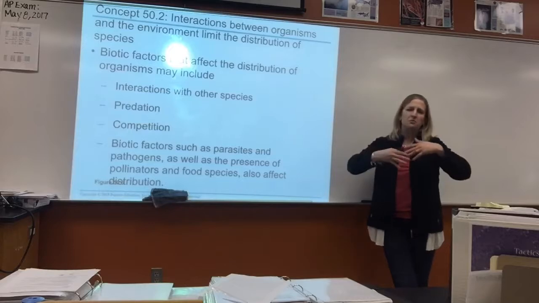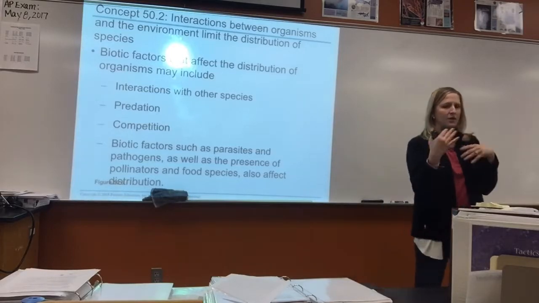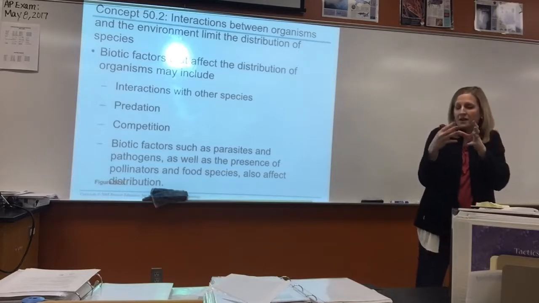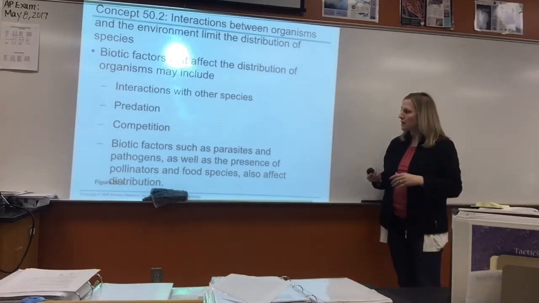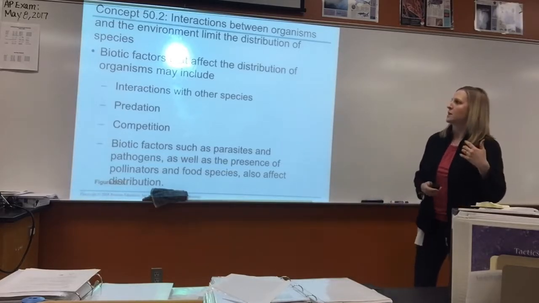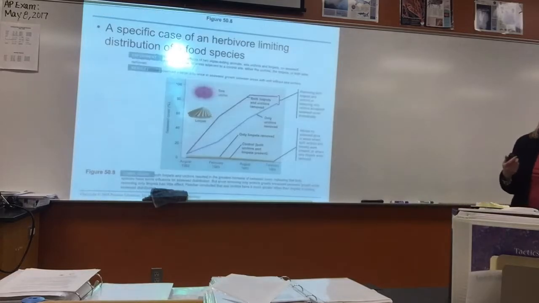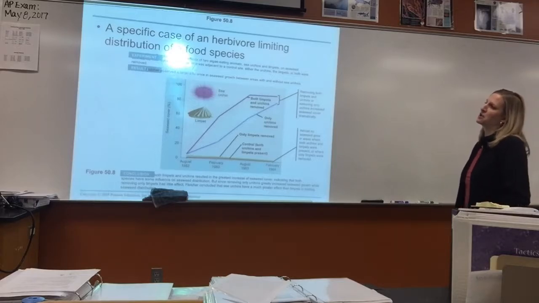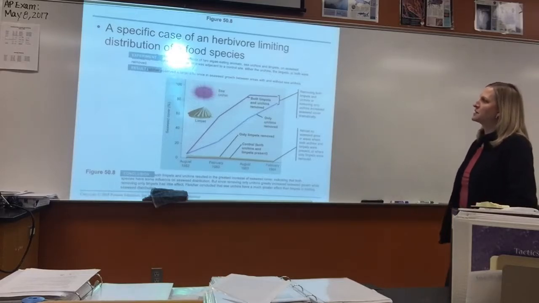And that distribution could be in a small area, like where they live in the ocean or in a small forest, versus globally as well. So this is a specific case of a biotic factor affecting the distribution of another species, a specific case of an herbivore limiting the distribution of a food species.